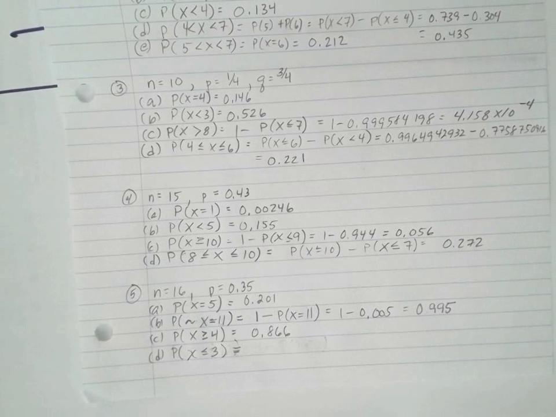Okay, so how many successes am I wanting? 3? Number of trials was 16. So if I want X less than or equal to that, I got .134.